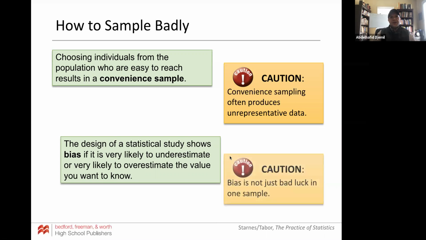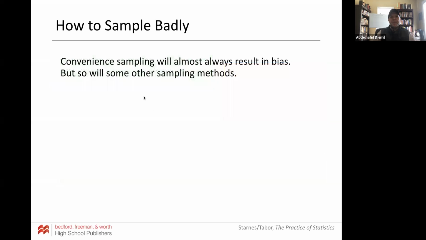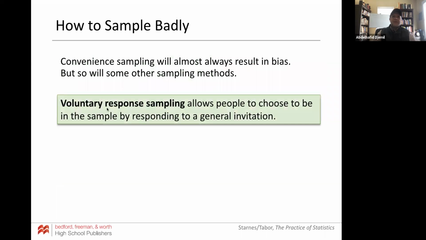The other sampling that is there is, well, convenience sampling will almost always result in bias, but so will some other sampling methods. What other sampling methods? We have voluntary response sampling. You want to study, for example, the reaction of people to a new CD or new song.